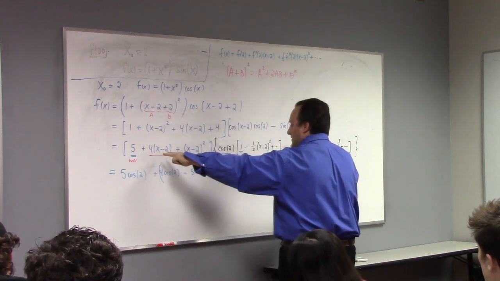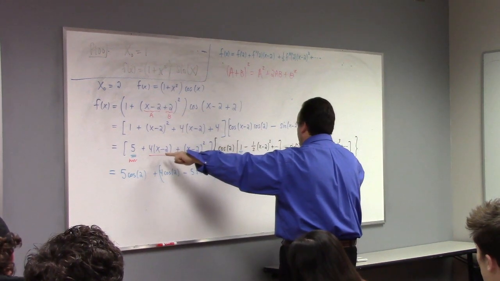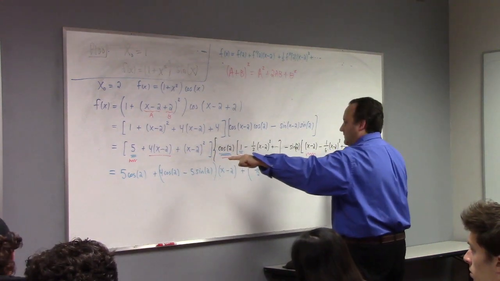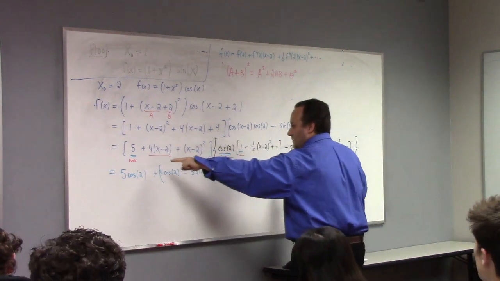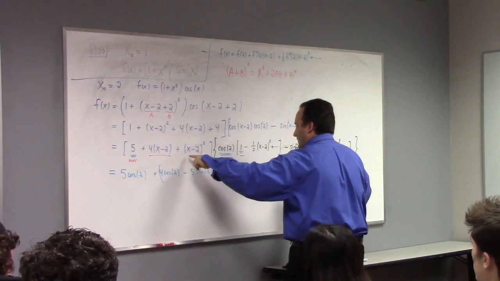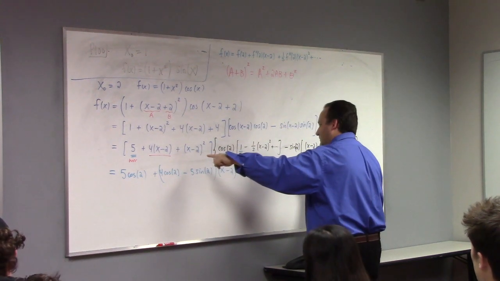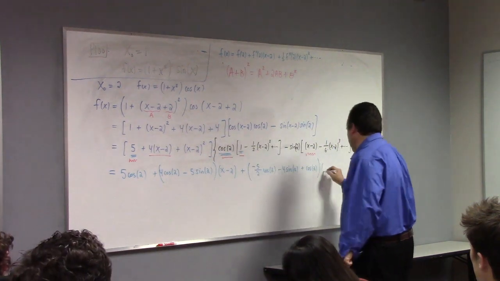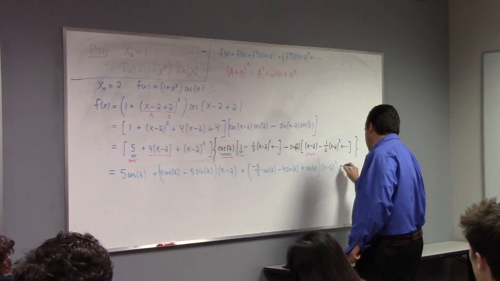That comes from the x minus 2 term, if I haven't lost anything. And then finally, plus cosine 2, close parentheses, times x minus 2 squared plus dot dot dot.